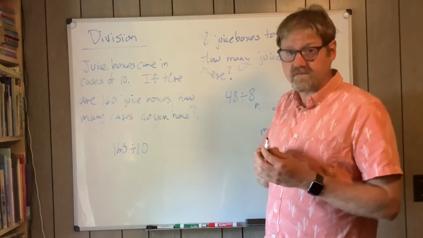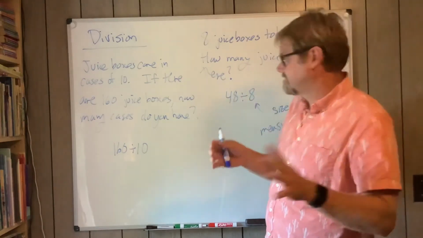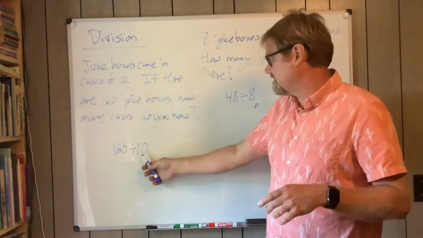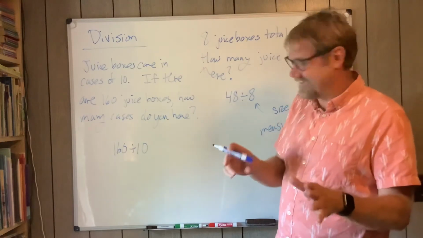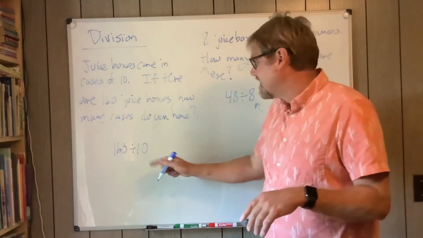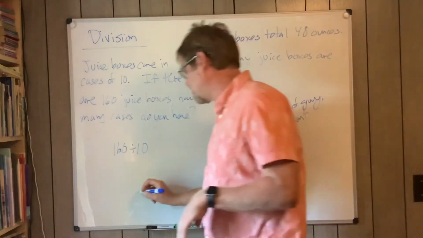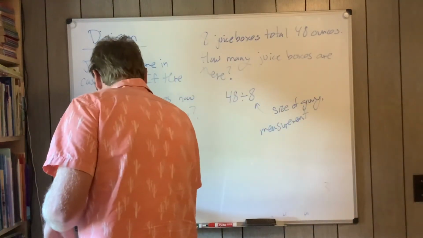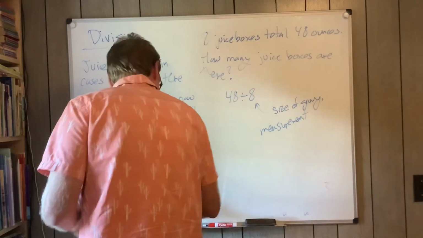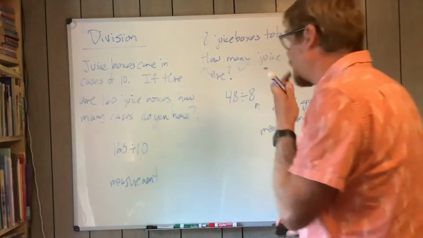Oh no, it's the size. It is the size. That was not what I intended. I'm going to have to do one more example. So this is the size of the case, right? So this is measurement again.